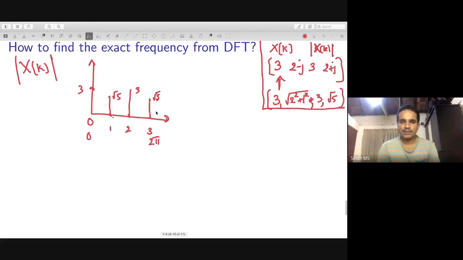We have taken just 4 samples from 0 to 2 pi, and that may not be good enough for some applications. Suppose you have a DFT of an audio signal, say a 1024 point DFT. Here you have taken a 4 point DFT.